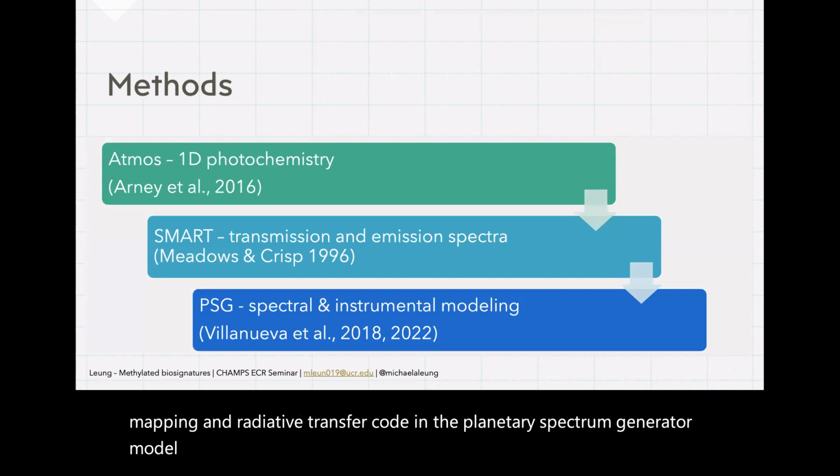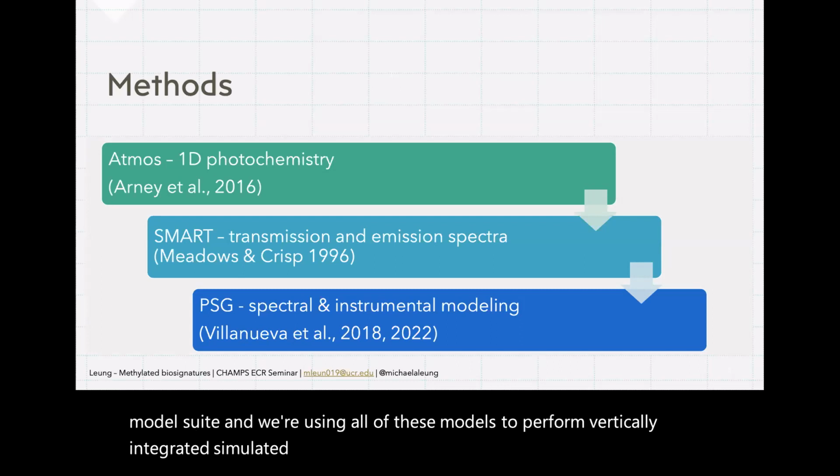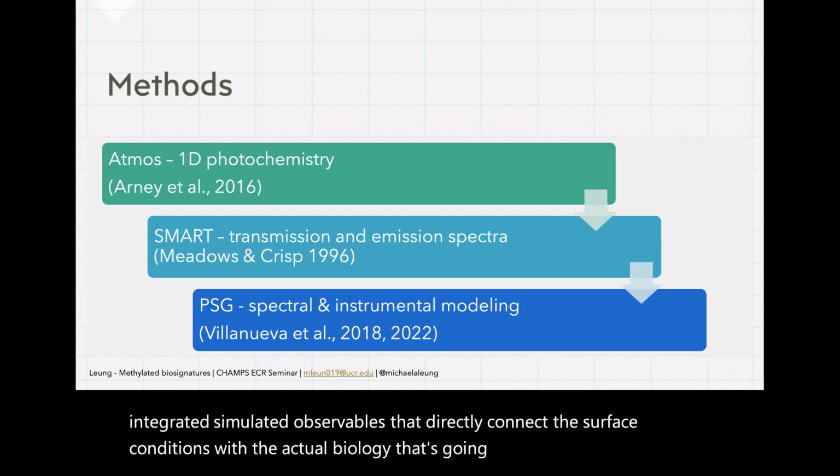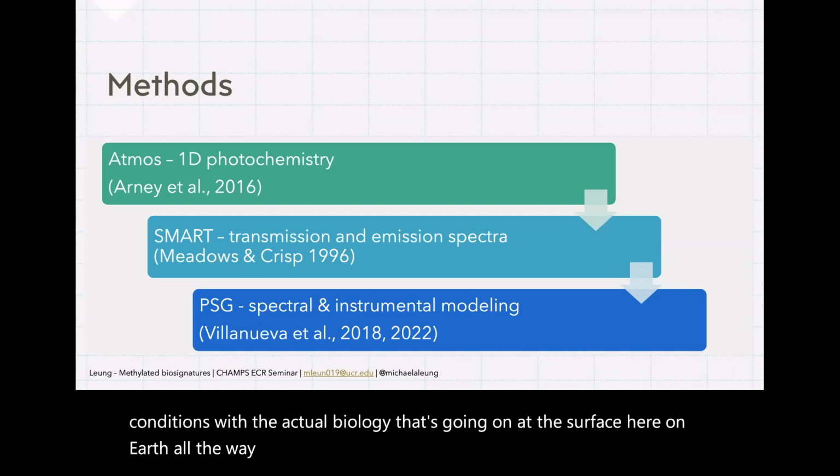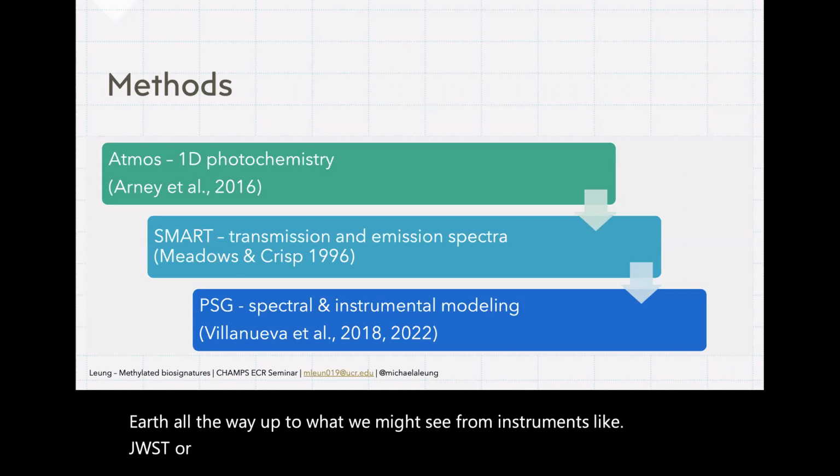And we're using all of these models to perform vertically integrated simulated observables that directly connect the surface conditions with the actual biology that's going on at the surface here on Earth, all the way up to what we might see from instruments like JWST or other concepts.